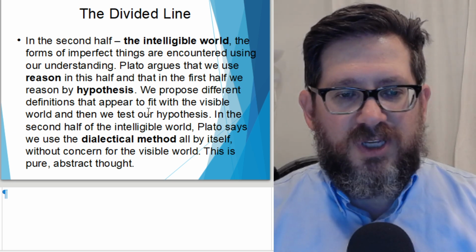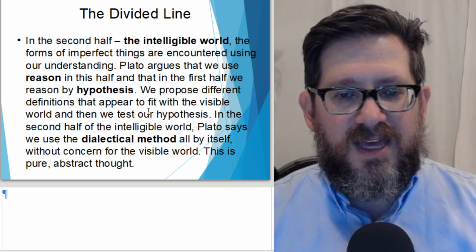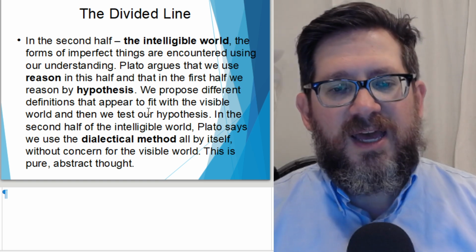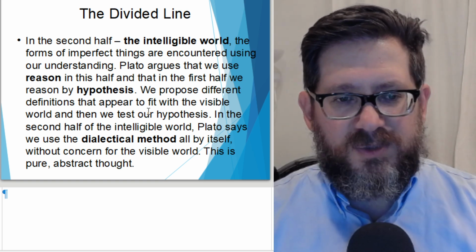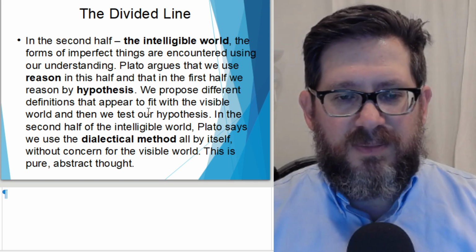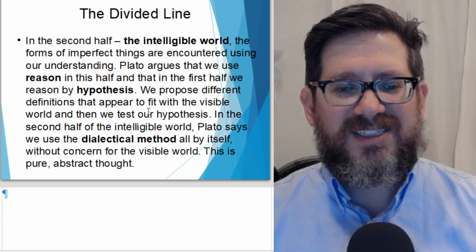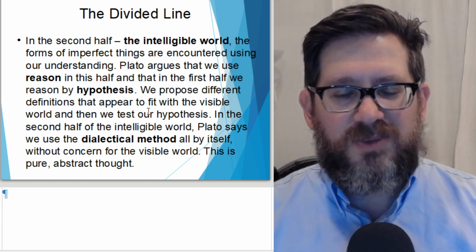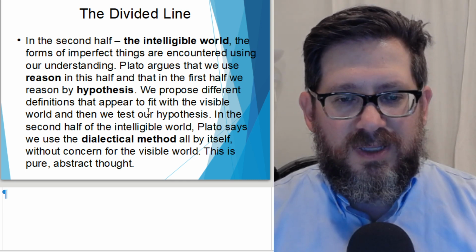And Plato argues that we use reason in this half, so instead of our senses, we're using reason. And in the first half, right, the lower level forms, we reason by hypothesis. Now, does that not sound like the scientific method? And here is Plato placing that in the intelligible realm.